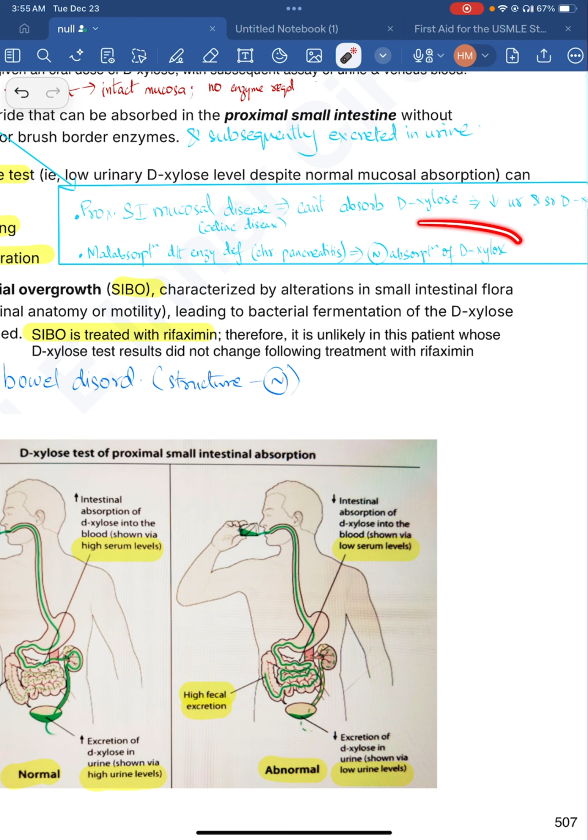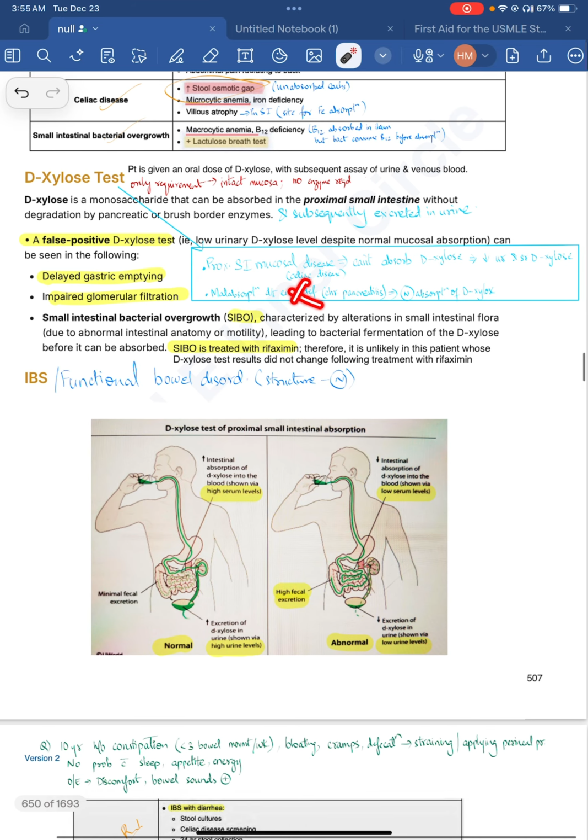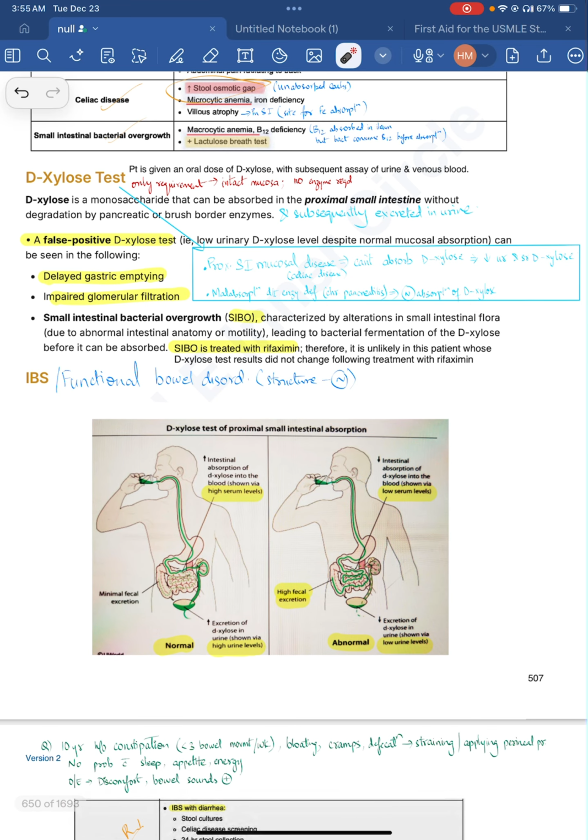When this happens, you have normal absorption of xylose. So when the enzymes are deficient, you have normal absorption, but here mucosa is problematic and hence you can't absorb xylose, which was the only requirement. You need to have an intact mucosa. You don't need to have any enzyme, you just need to have an intact mucosa.